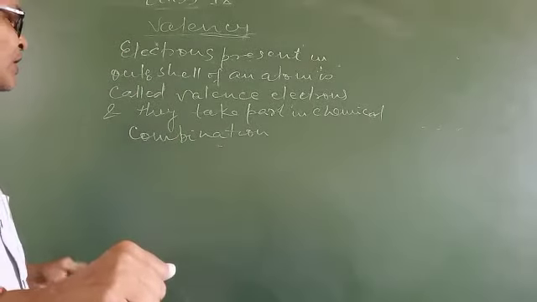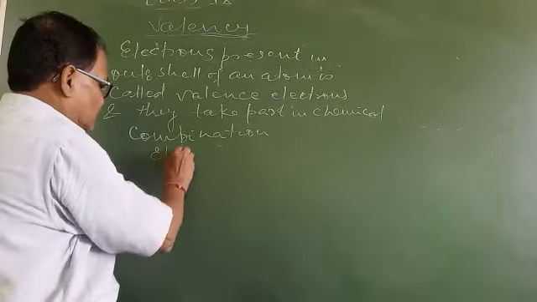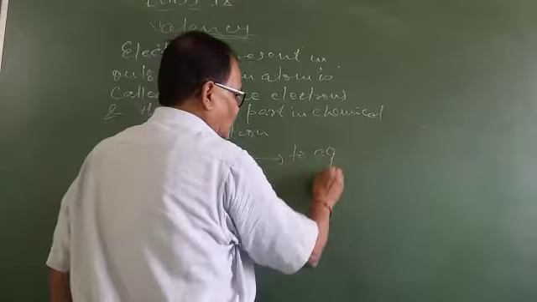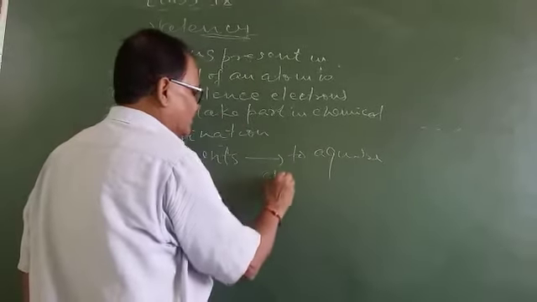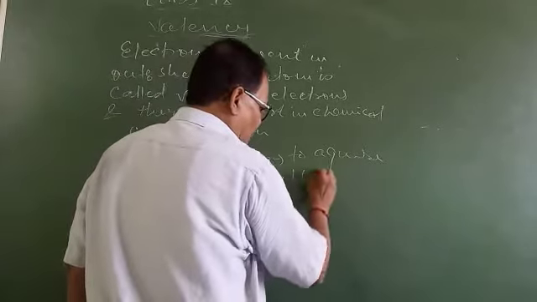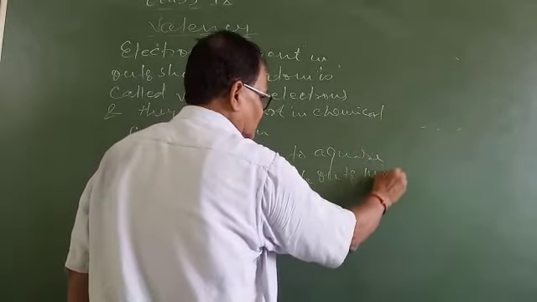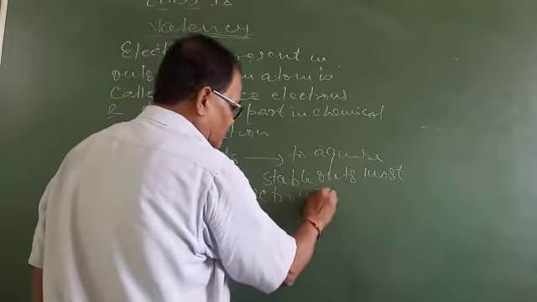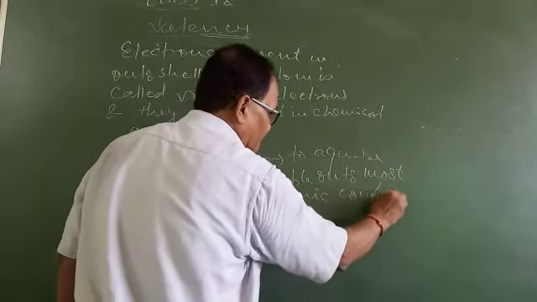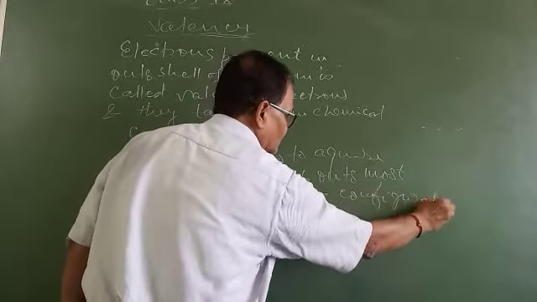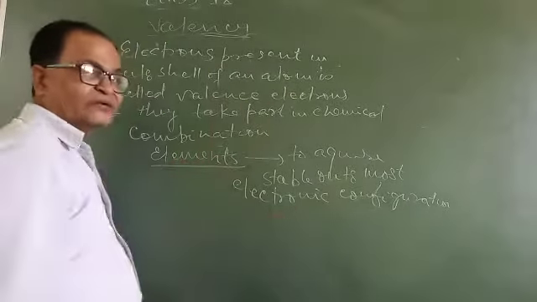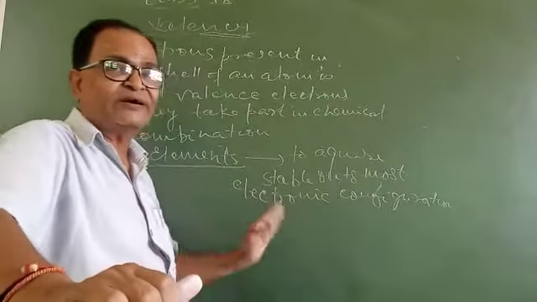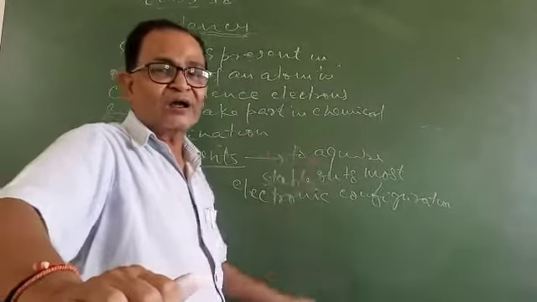Now, elements have a tendency to acquire a stable outermost electronic configuration. Atoms of elements have a tendency to acquire the outermost configuration of inert gases like helium, neon, argon, krypton, xenon, radon.